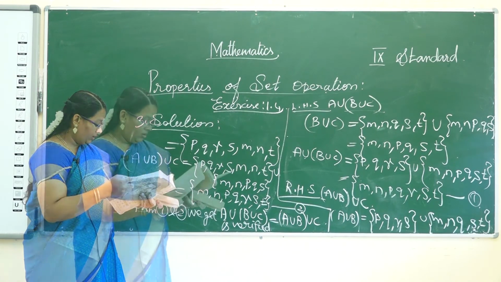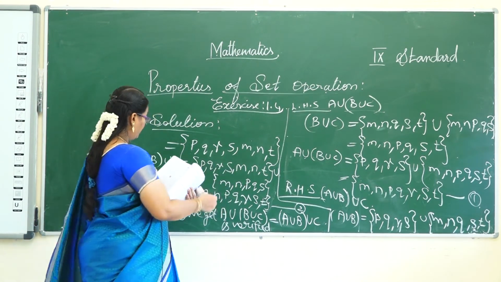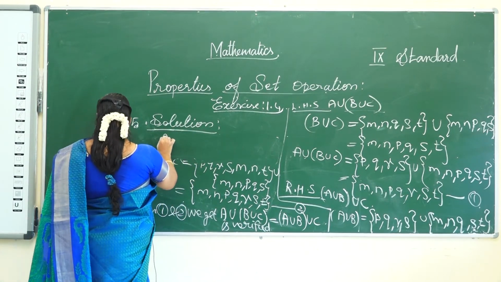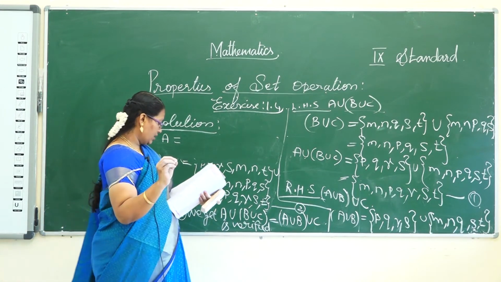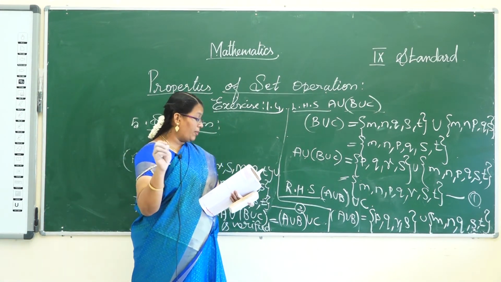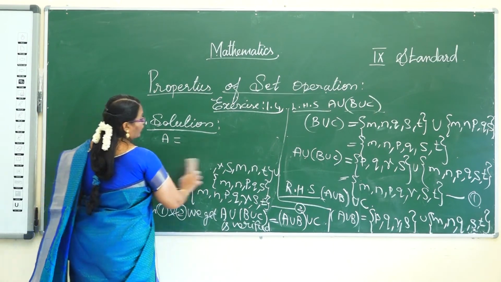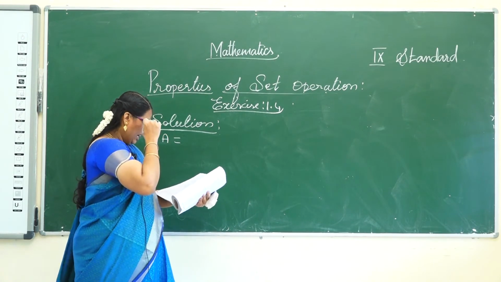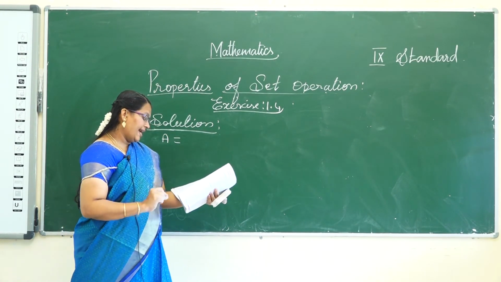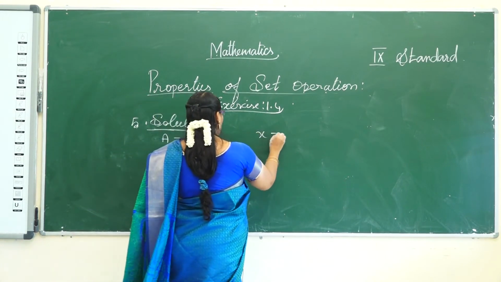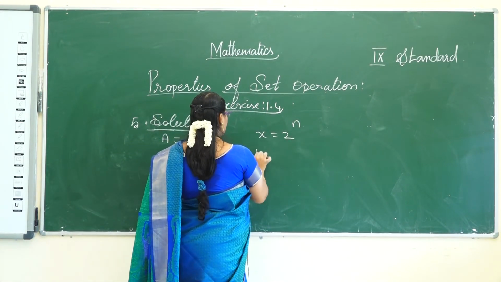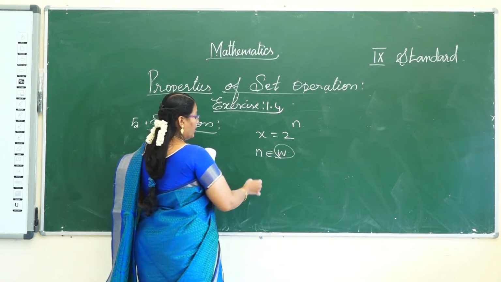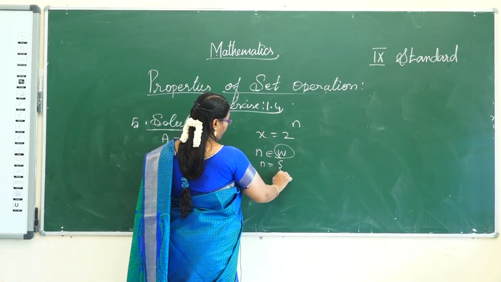The fourth one is homework. I will explain the fifth problem. Fifth one: A is equal to the set of all x such that x is equal to 2 power n, and n belongs to W. So W is the set of whole numbers, and whole number n values start from 0.